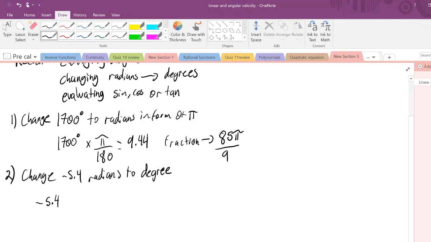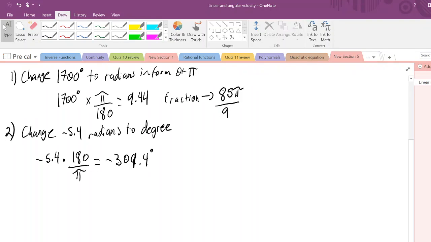So it's negative 5.4 times 180 over pi. Alright, so this should not give you anything in pi. So if you put this in the calculator, it should give you negative 9.4 degrees.